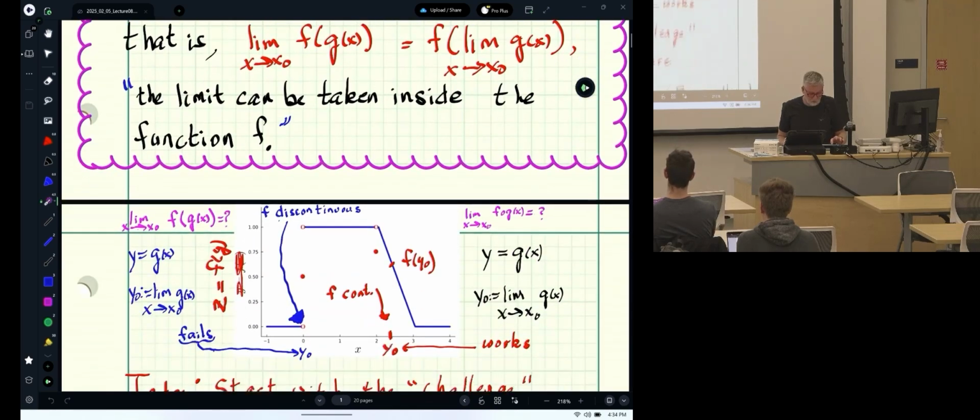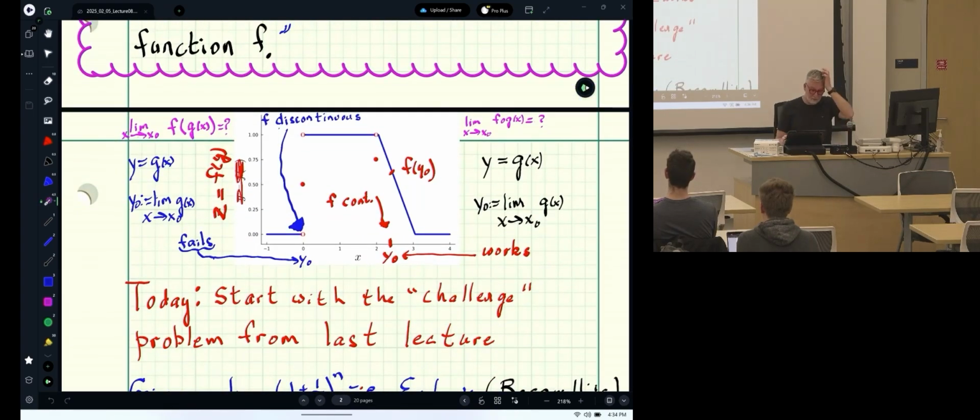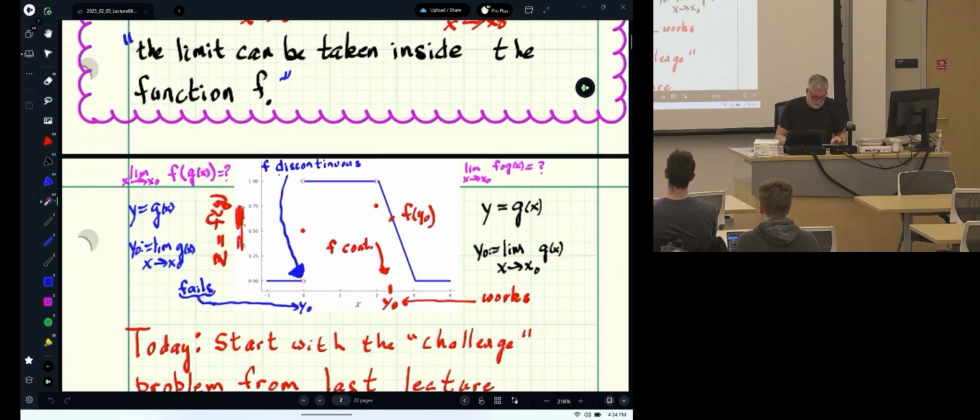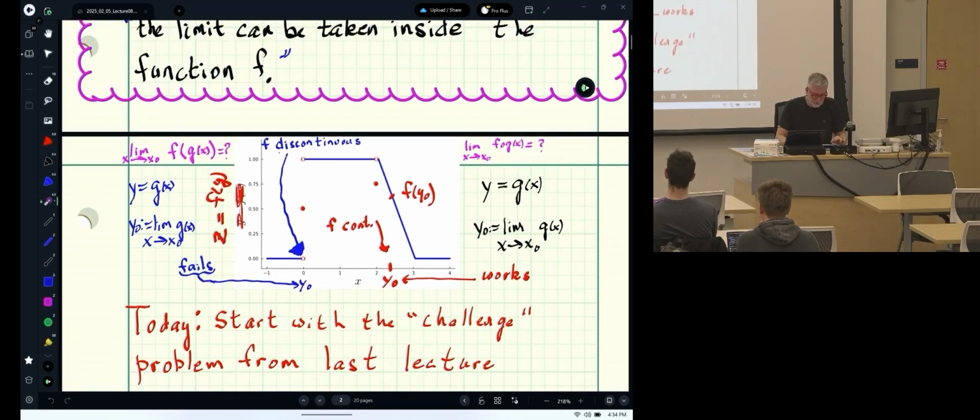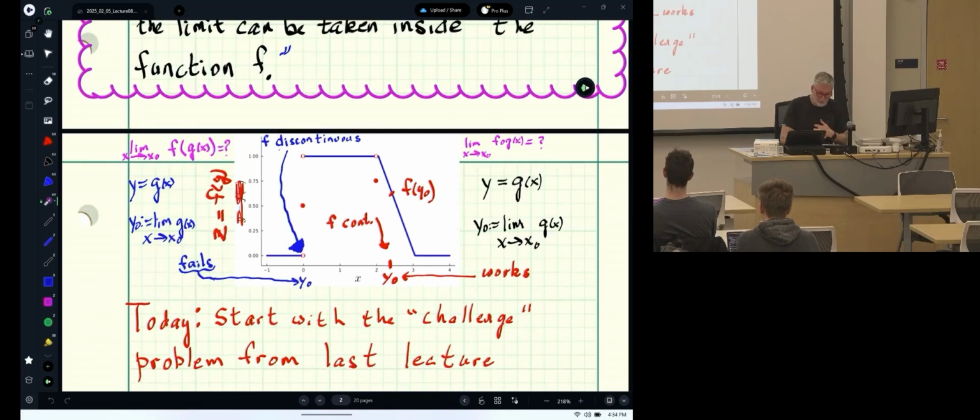What we're going to start off today is just practicing a bit more with that. Before we do that, let's look at this graphical representation of what that proposition says.